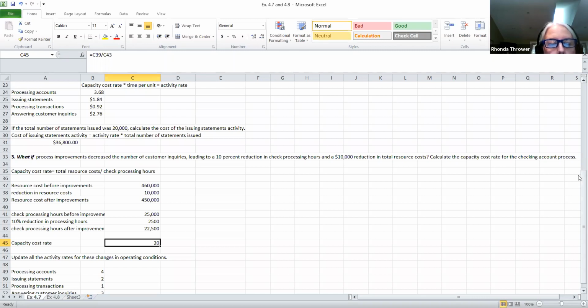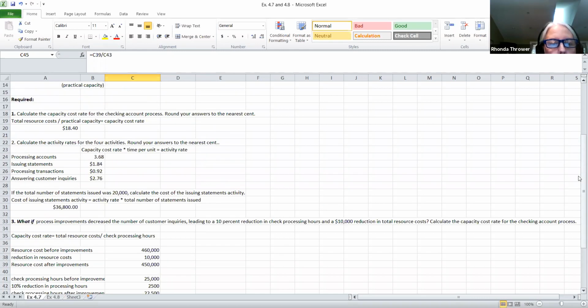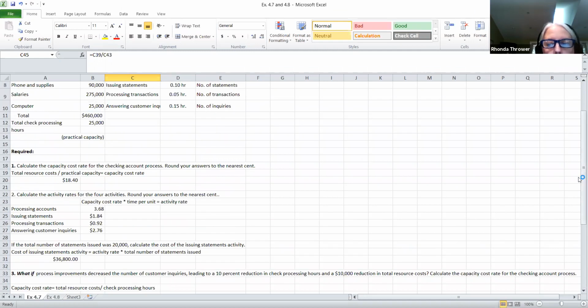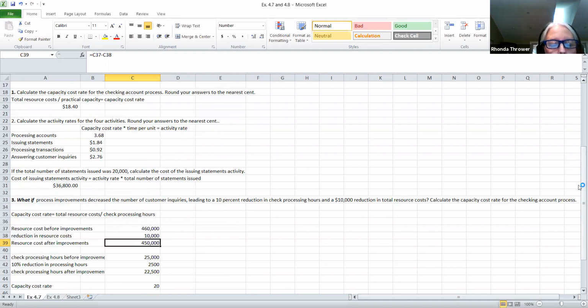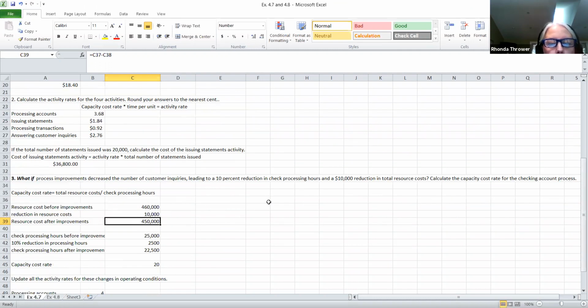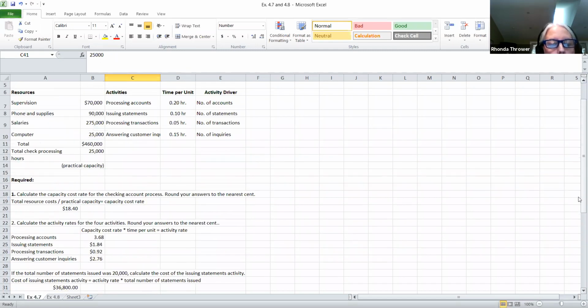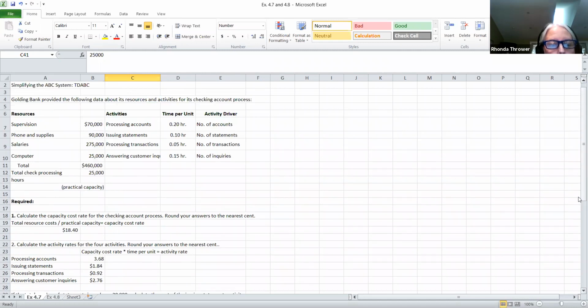So if our cost before these improvements was this amount, and because our instructions told us we've reduced it by $10,000, the cost of the resource after the improvements is going to be $450,000. We also have to adjust the check processing hours because there was a 10% reduction in those hours. So 25,000 was the check processing hours before we made the change.